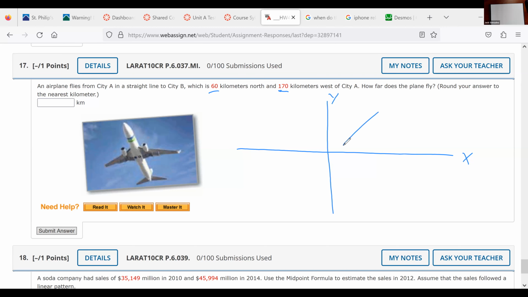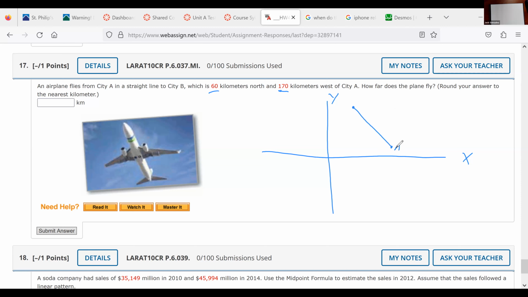As far as visual drawing goes, I'm picturing it flying like this, from A to B. West of city A. Okay, west would be the other way, so one second. We're going west. All right, something more like this.